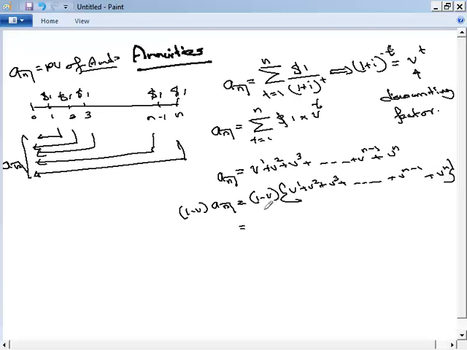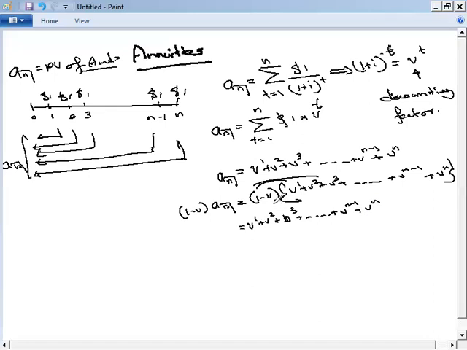If we multiply this whole bracket by 1, nothing will change. So straight away we can write it as v^1, v^2, v^3, v^(n-1) and finally v^n. We can omit this 1 also, but for clarity I will write it as 1.